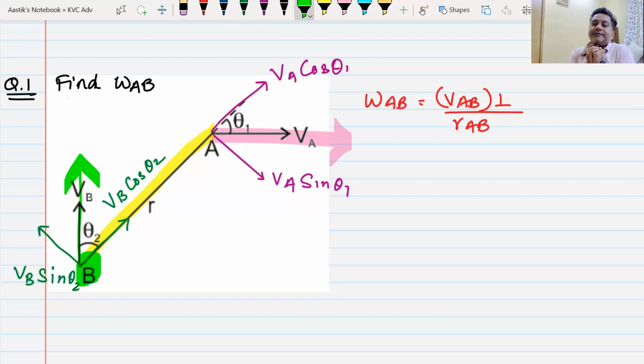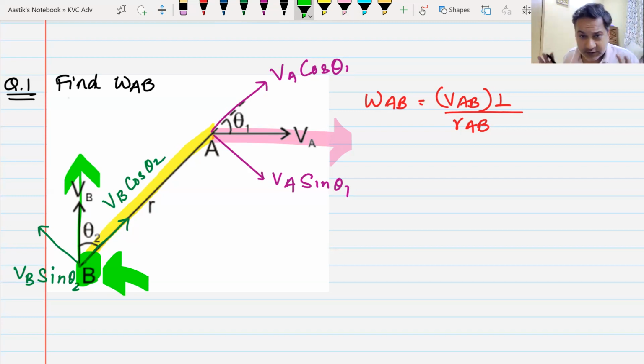So I become B. Now I become B and I look at A. Remember, this is not motion in one dimension. This is relative motion in two dimensions. So now how I'm seeing A: when I become B, A is moving like this.